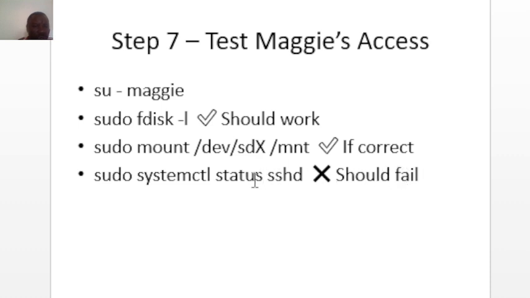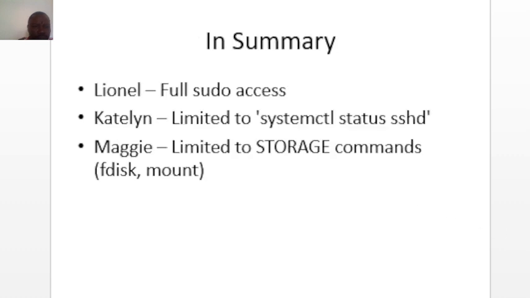It's Kati that has the privileges to run this service operation. In summary, for lab 1, Lone has full sudo access. Kati has limited access, system status access. Magi has limited storage commands.